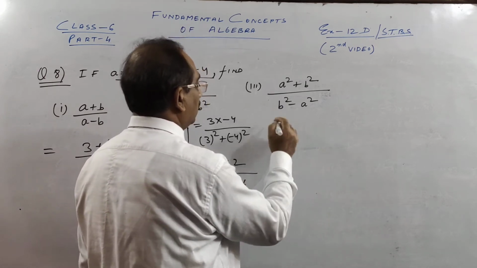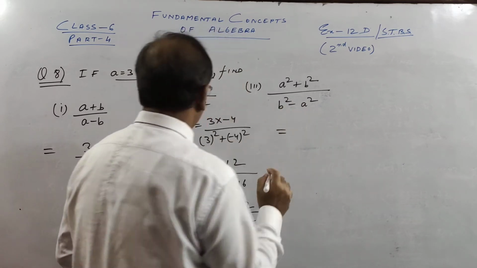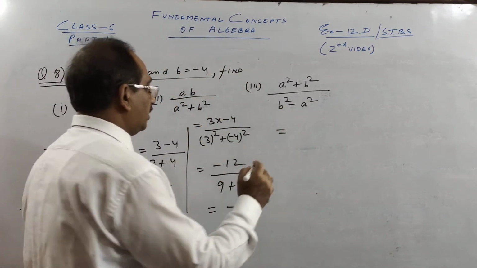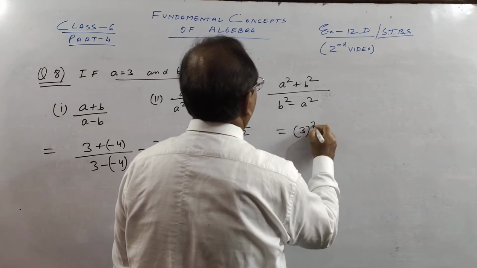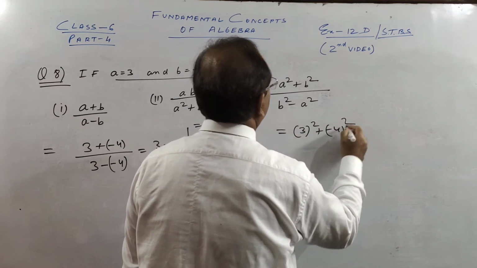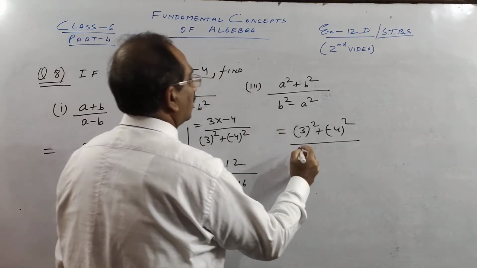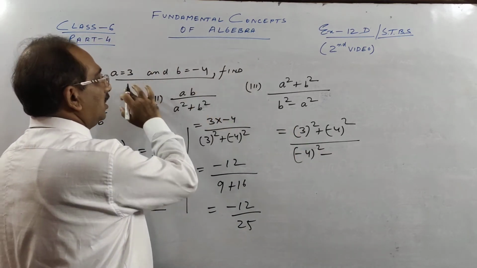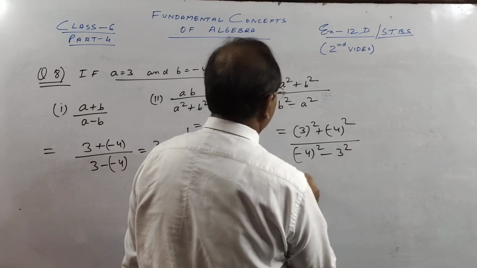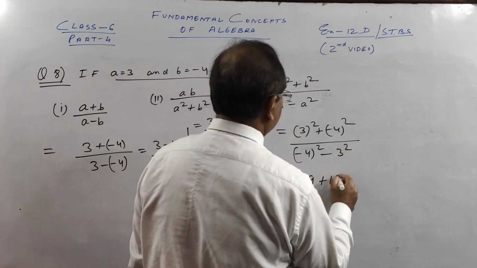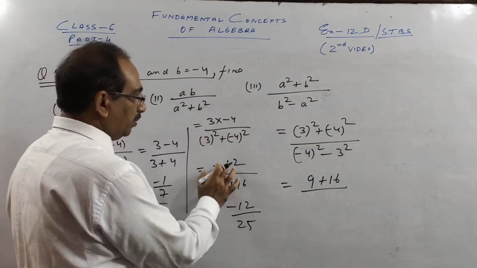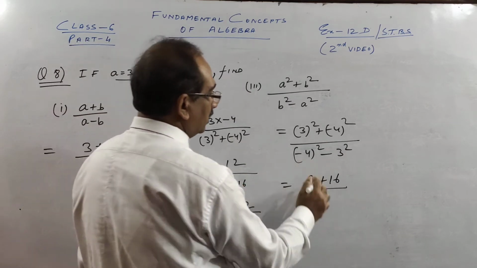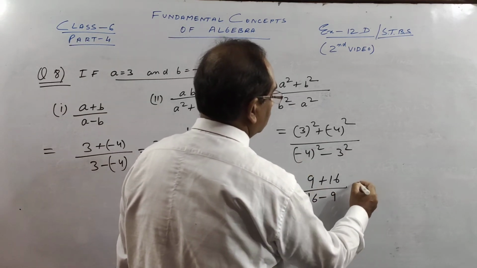See the last part, children, A square, already the denominator of this is the numerator there. So it is 3 square plus minus 4 square by B square, children, minus 4 square, B is minus 4 and A is 3. So what do we get, children? 9 plus 16. This I have already explained to you. Minus 4 square is 16. 16 minus 9.